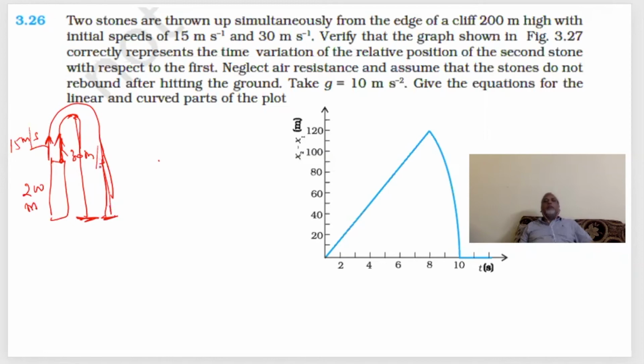Now, what are the equations of motion? x1 will be nothing but x0 plus ut minus half gt square, and that is equal to 200 plus 15t minus, g is 10, so 5t square.